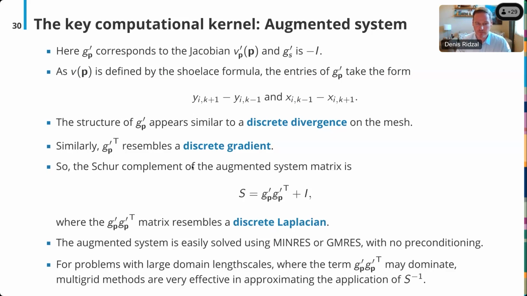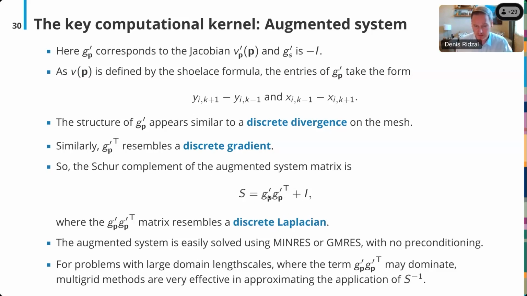And so if you were to form a Schur complement of this augmented system matrix, you get this. And so this is a perturbation of the identity by a discrete Laplacian. And so in the examples that I will show, this augmented system is super easy to solve just using non-preconditioned MINRES or GMRES, because this is just a perturbation of the identity. There are other problems where we have some large domain length scales and where this term may dominate.